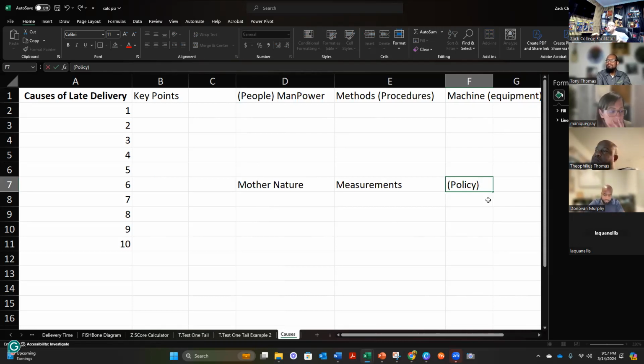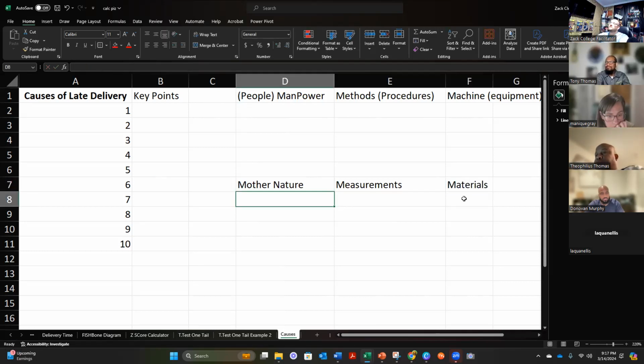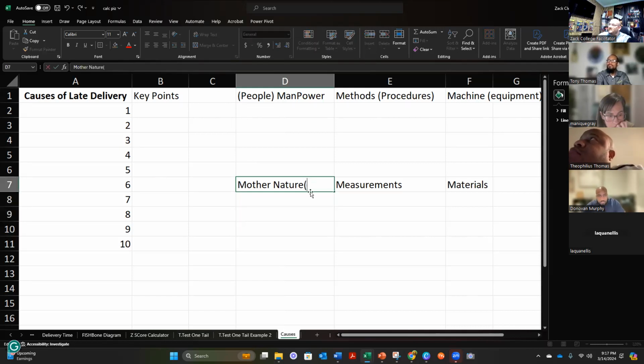Now, if you look at various different things, it could be materials, it could be measurements, so you'll have materials here. Sometimes people put policy under Mother Nature because it's technically environments.